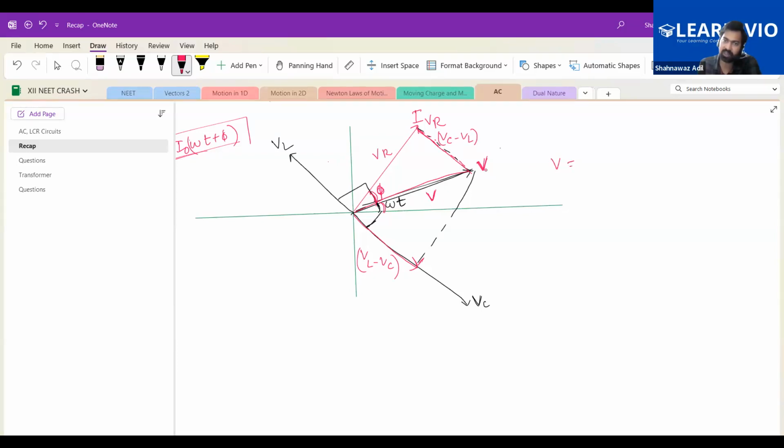V would be VC minus VL whole square plus VR square, under a square root. This would be the result, because this is our V, this is our VR, and this is our VC minus VL. So this is how we get the overall voltage. Is it clear, guys? Is it clear?